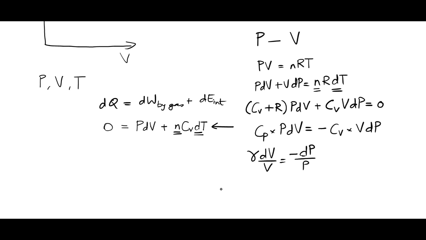So upon integrating this between the initial values and the final values, what I get is gamma times the natural logarithm of V final upon V initial equals minus the natural logarithm of P final divided by P initial, and the gamma I can take inside this log, so V final raised to gamma upon V initial raised to gamma.